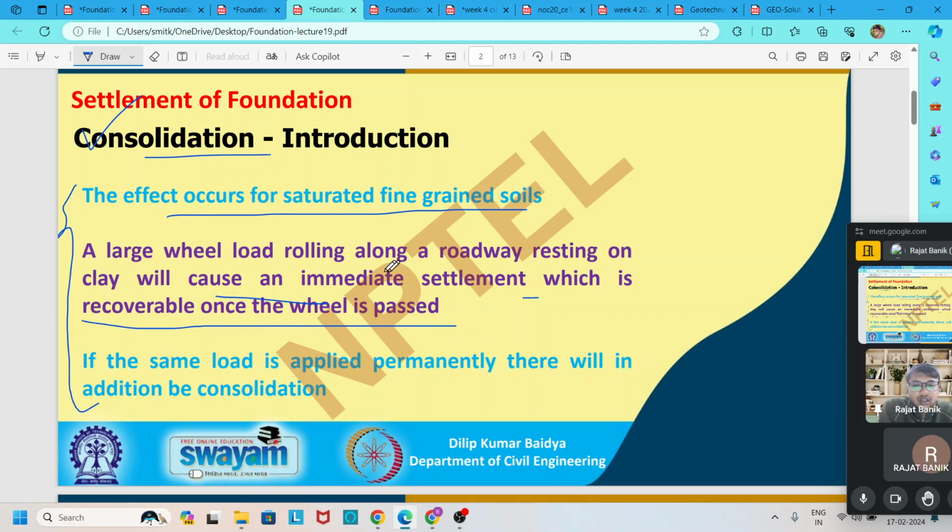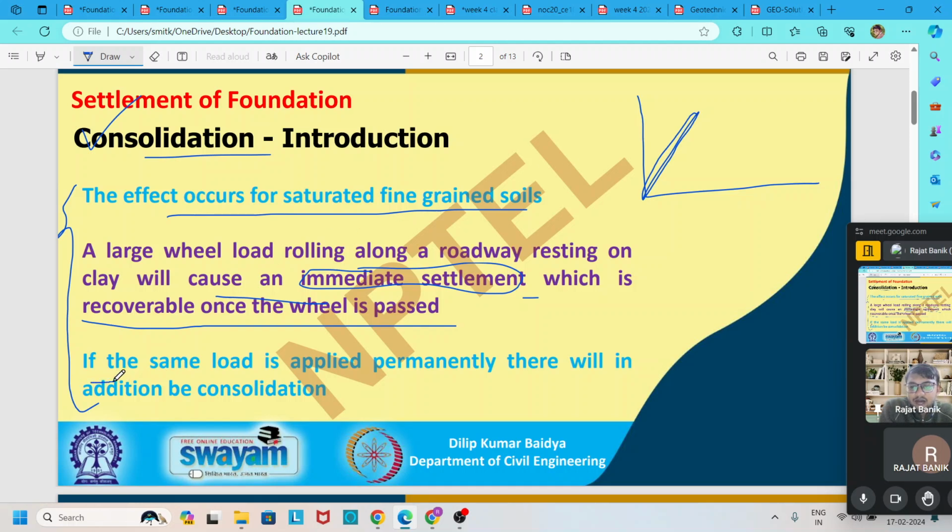Because we know that immediate settlement is the elastic settlement, and based on elastic theory, if we apply load up to the elastic limit and the material changes shape, it will go back to its original shape after removing the load.